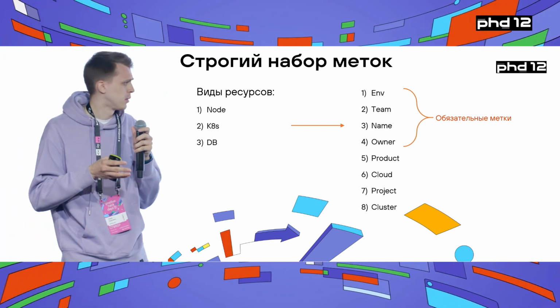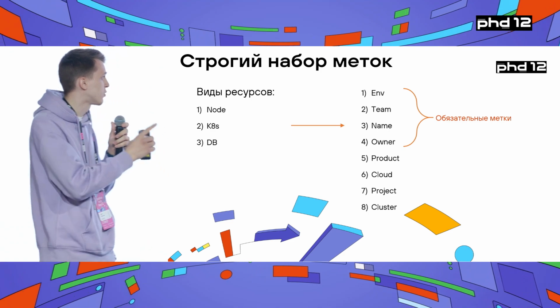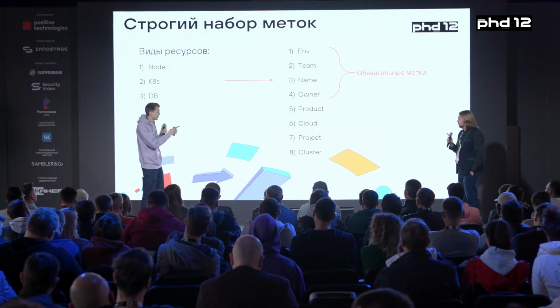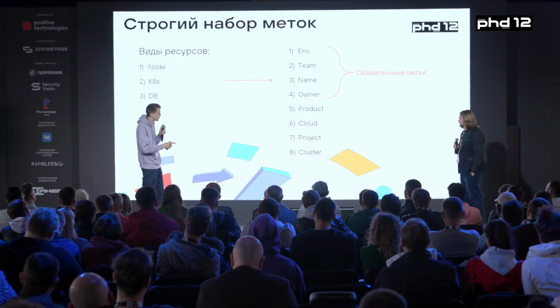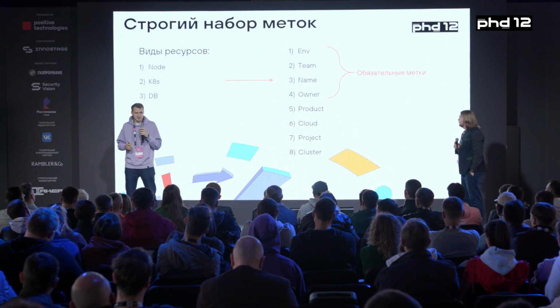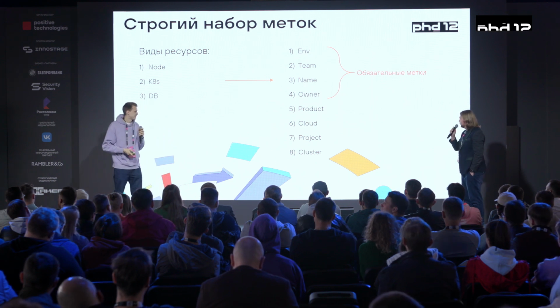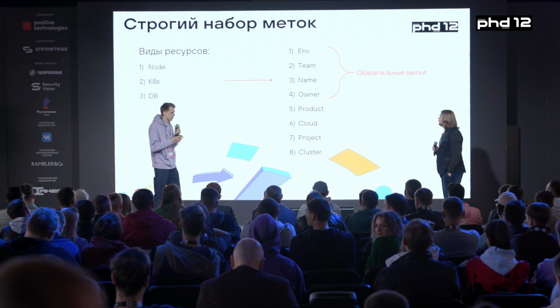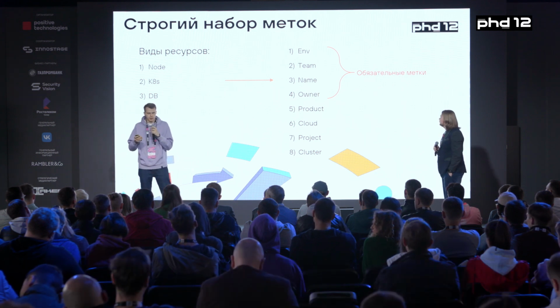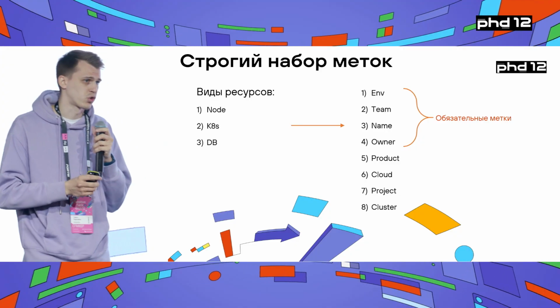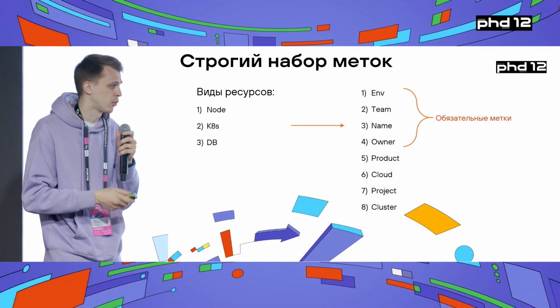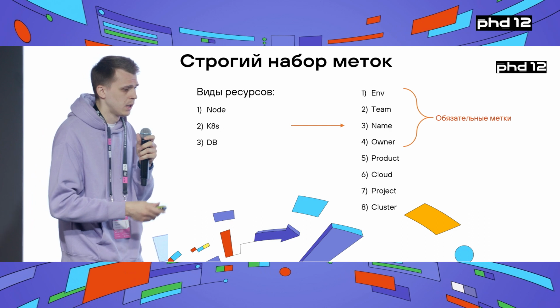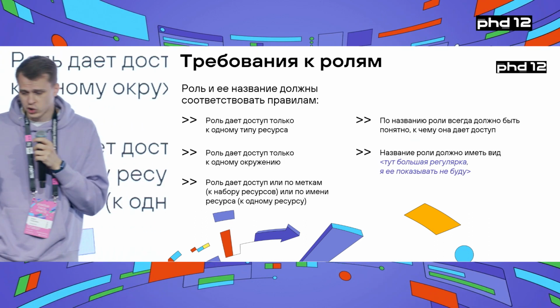So env, the team, name and so on. And we have one tag called owner, and we really need it. And what is the cloud tag? Well, this means cloud project. I will also talk about it later. We have a private cloud and we manage our access there.